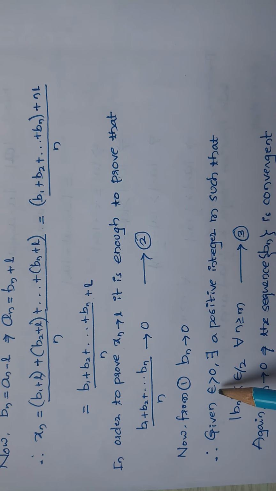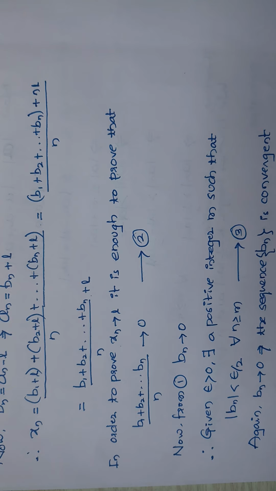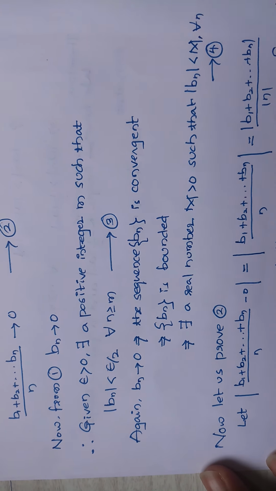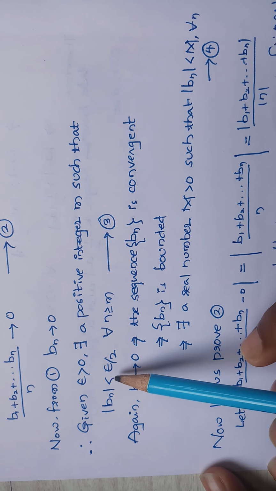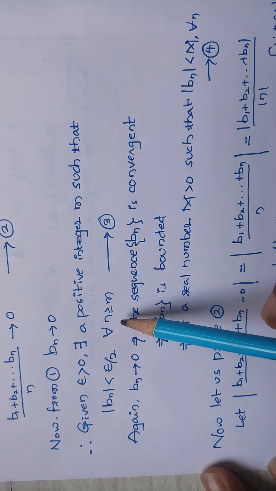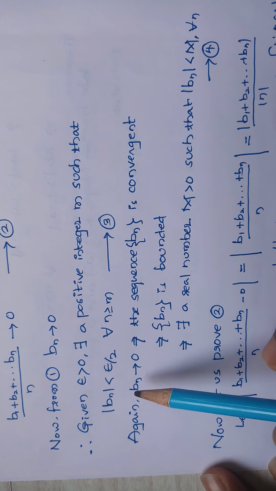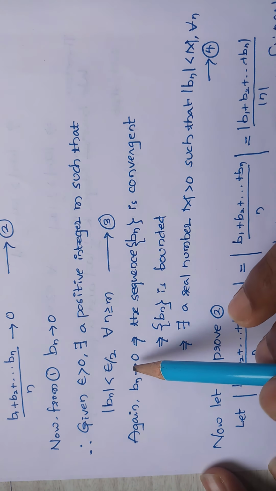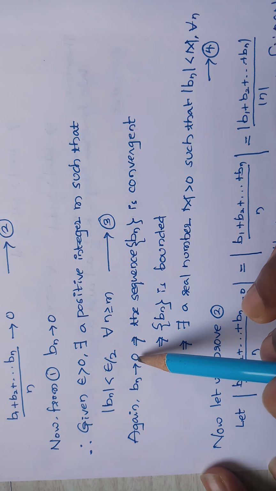So therefore, given epsilon greater than 0, there exists a positive integer m such that modulus of Bn is less than epsilon by 2 for all n greater than or equal to m. So again here, Bn tends to 0 means the sequence Bn converges to 0, because limit n tends to infinity Bn is equal to 0.